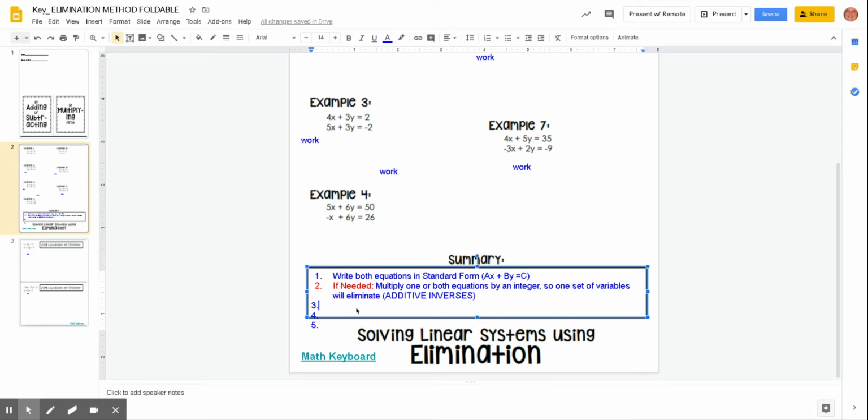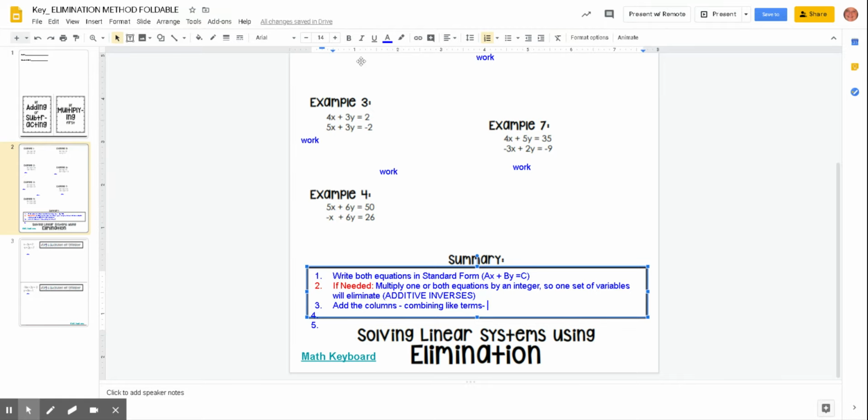Step 3. We want to add the columns, like the column. So we're talking about combining like terms. But instead of doing it all within one equation, we're looking up and down between the two equations. So combining like terms.